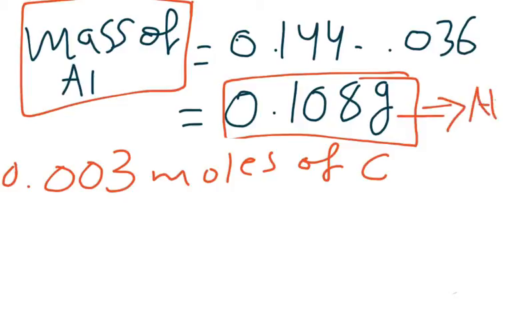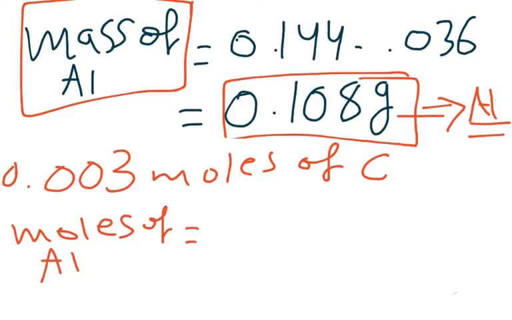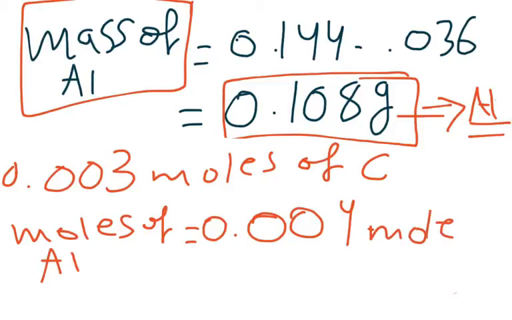In this case, moles of aluminum are equal to 0.004. You can get the aluminum. Now take a minute to figure out how we jumped from grams to moles.